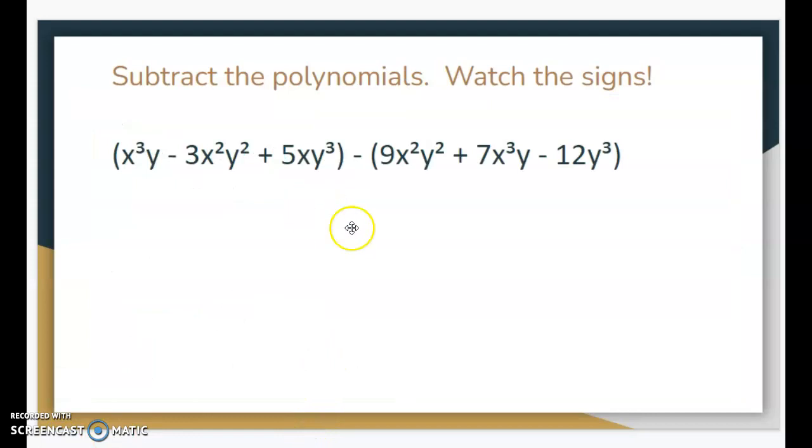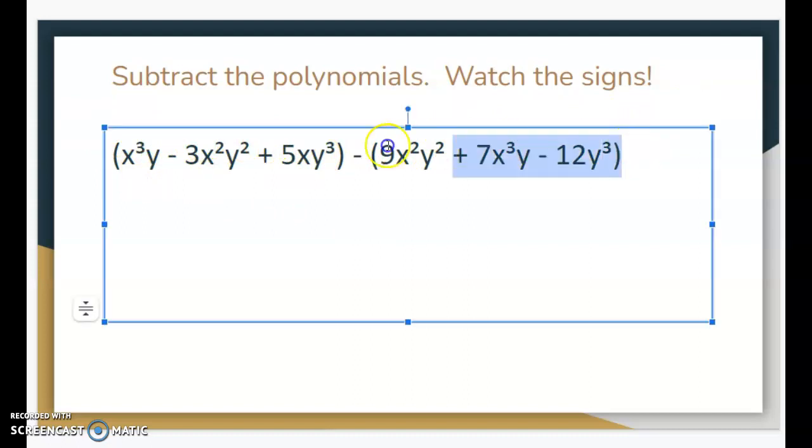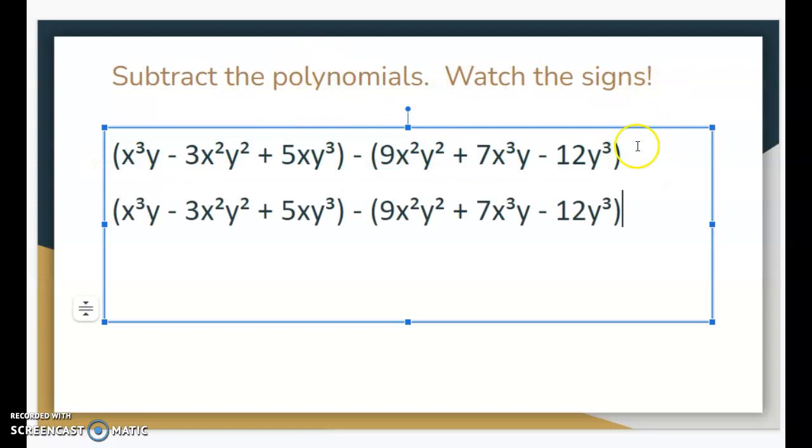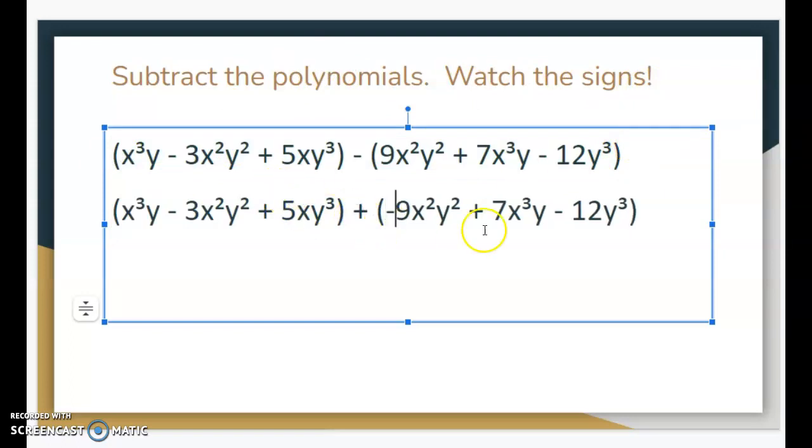Finally, sometimes we've got lots of variables, in which case the variables have to match each other exactly to be considered like terms. So we're going to change this to adding the opposites. So subtracting a negative is adding, and then subtracting a positive is subtracting.